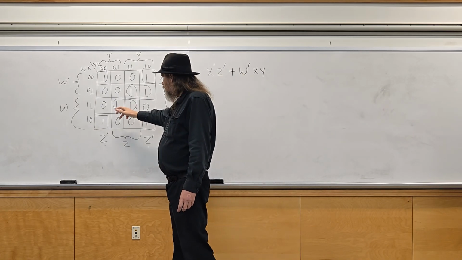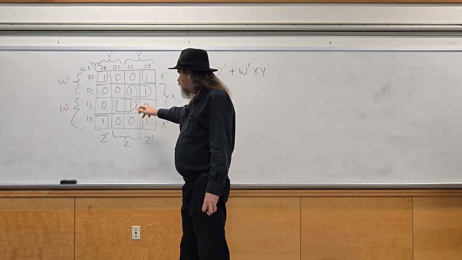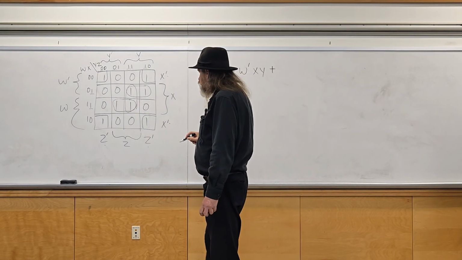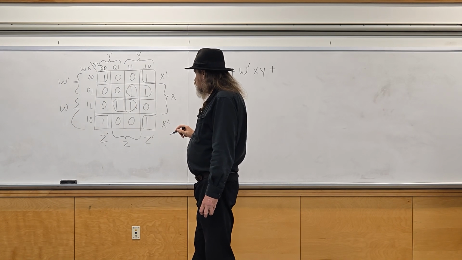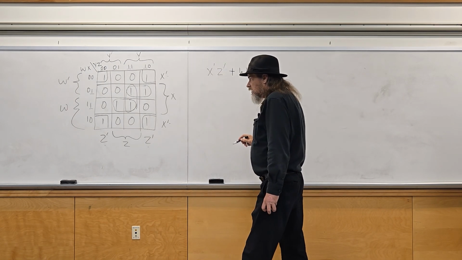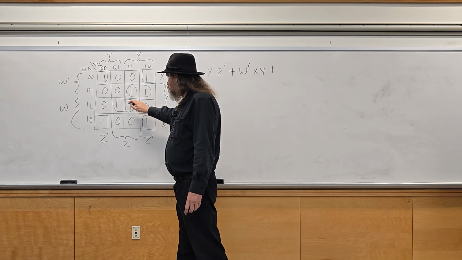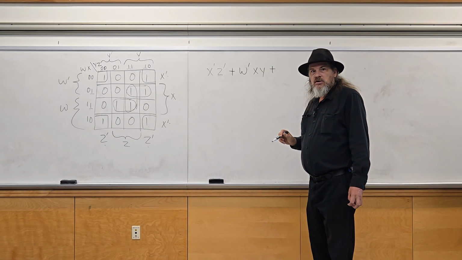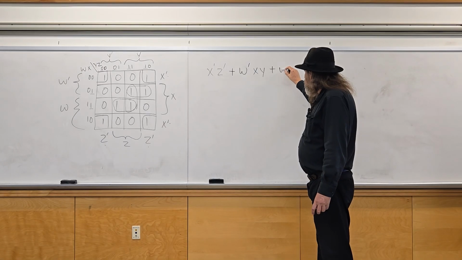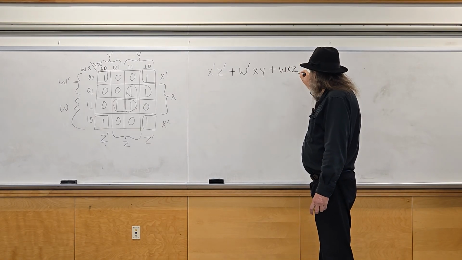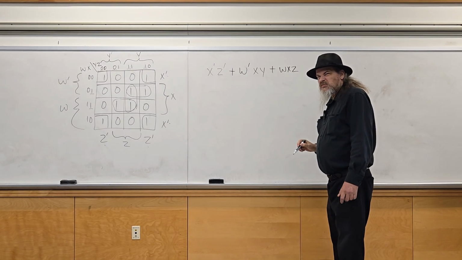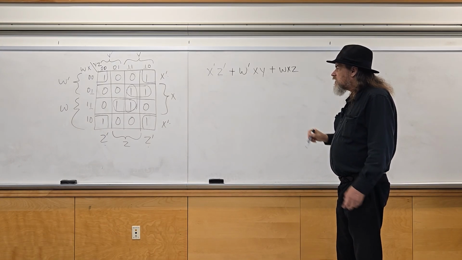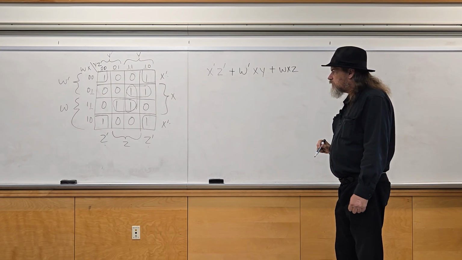Anyone want to hazard a guess what the term for this group is? W x z. Yeah. Typically go in alphabetical order. And that expresses that Karnaugh map.